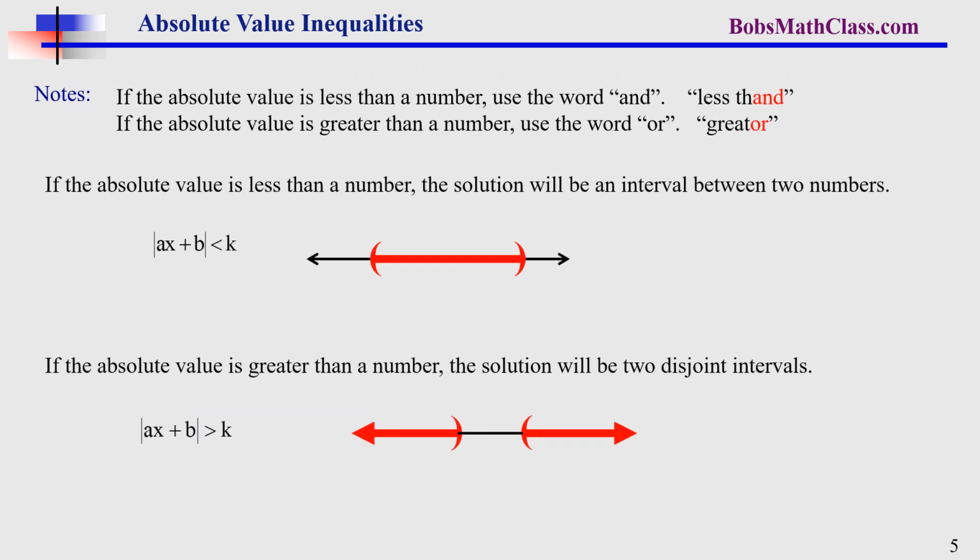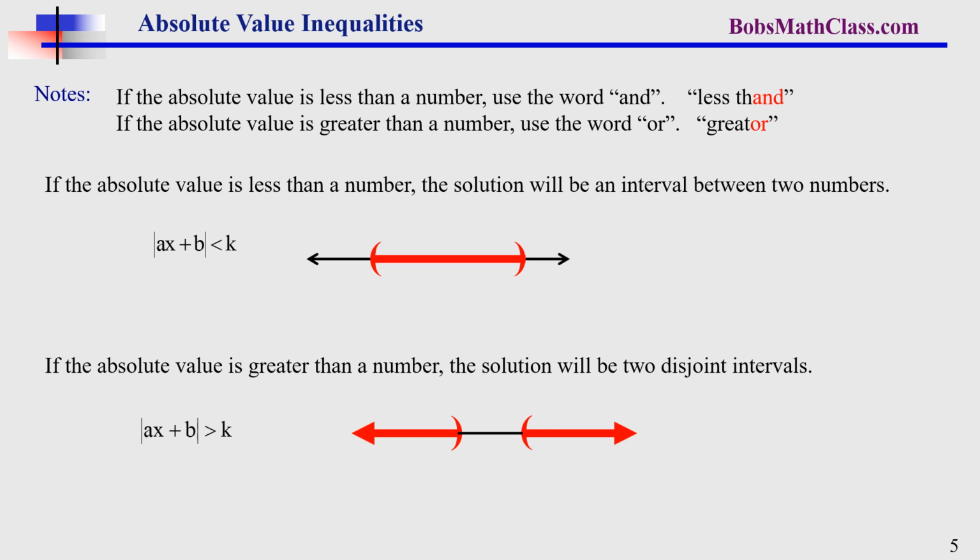So here's a page of notes. It might get confusing to remember which one is which. So let's write this note. If the absolute value is less than a number, use the word and. And then I put in quotes, less than. Just kind of add a D there, right?